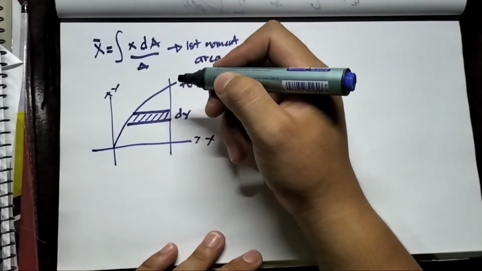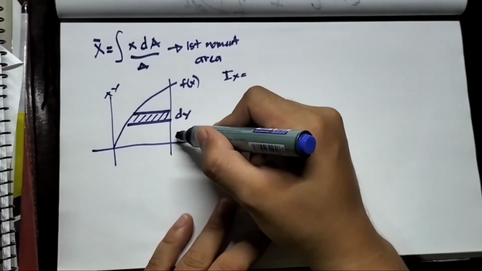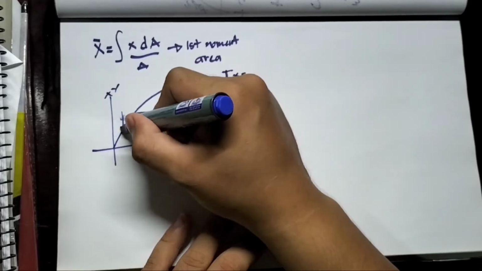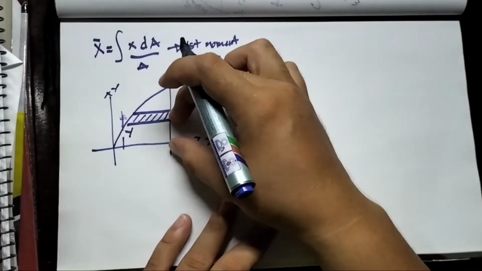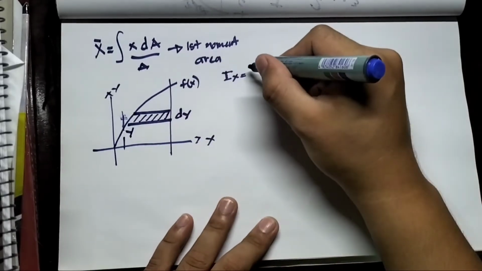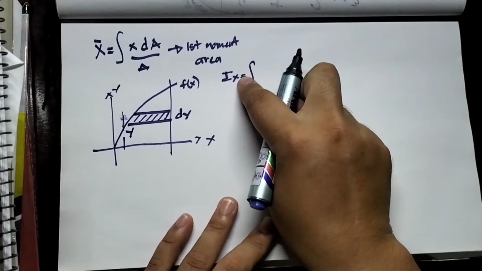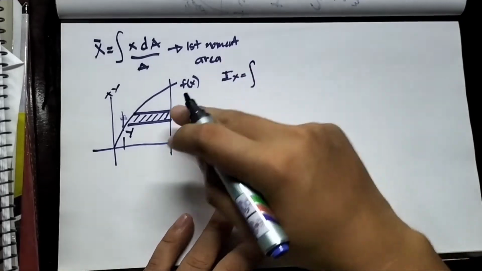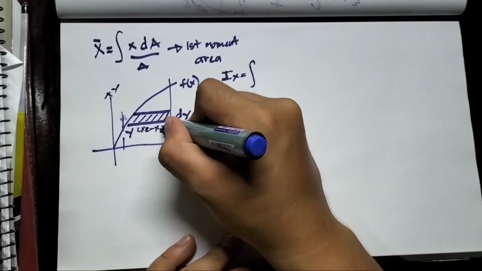So, what is the distance from here to the centroid? Diba? We say this is y, the distance here. So, Ix now, you can get the Ix now because this is x right minus x left.